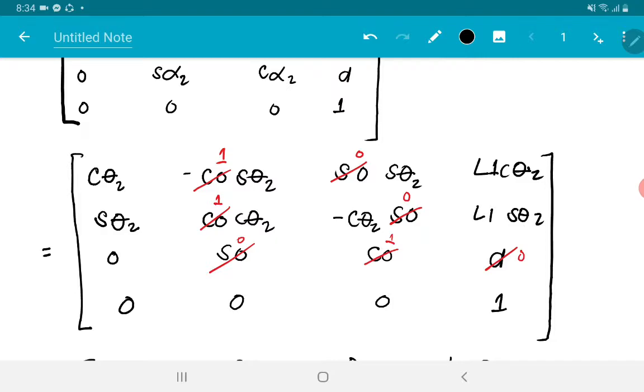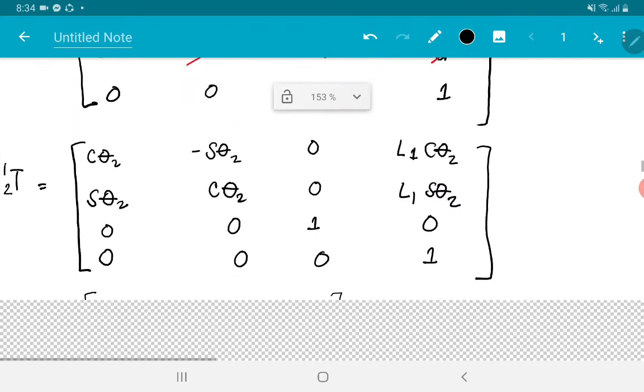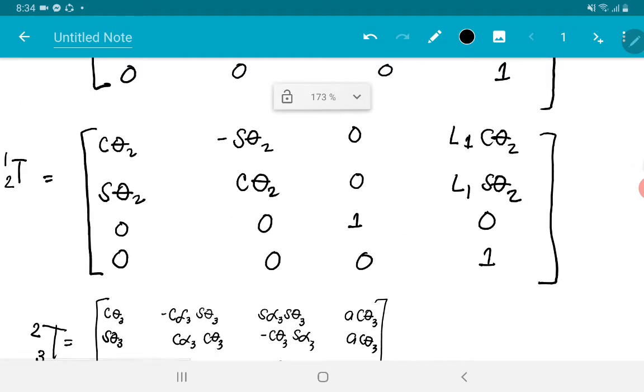So again, substituting each value, you would have the frame 2 in terms of 1, or the transformation of frame 2 in terms of 1 is equal to this matrix.